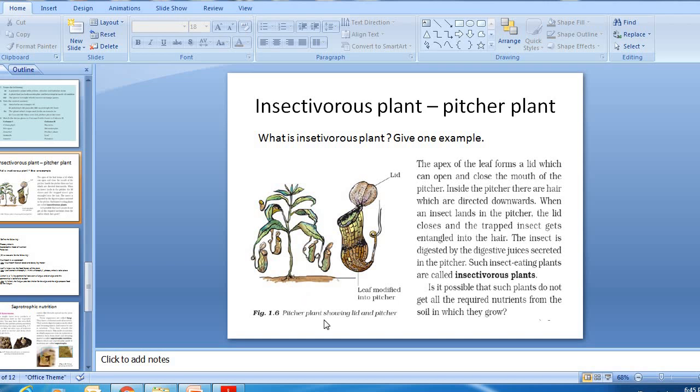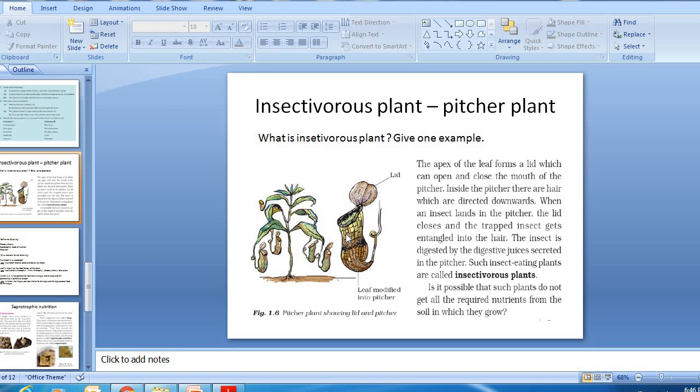So this pitcher plant is modified like this. There is a lid, there is a pit, there are hairy outgrowths inside this pit, and there are enzymes inside it to digest. Enzymes are meant to digest the food. So for digesting the insects, there is enzyme inside it. The lid is open now.